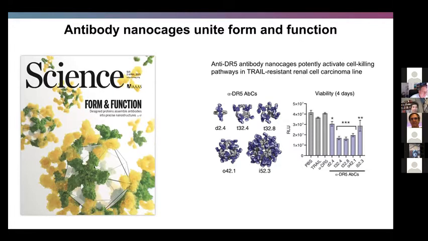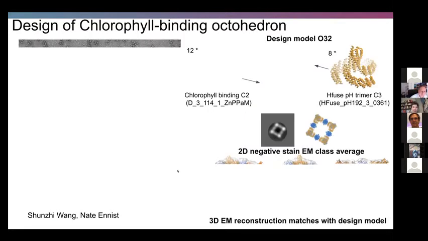And we design another protein that sits on the 5-fold symmetry axis. And these together will assemble to form very uniform nanoparticles, but now these have antibodies sticking out, which turns out to be very interesting for a wide variety of biotechnology applications.